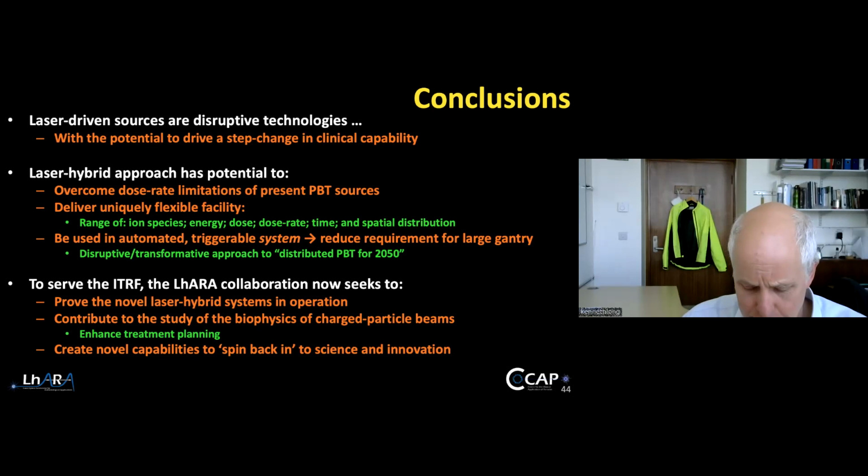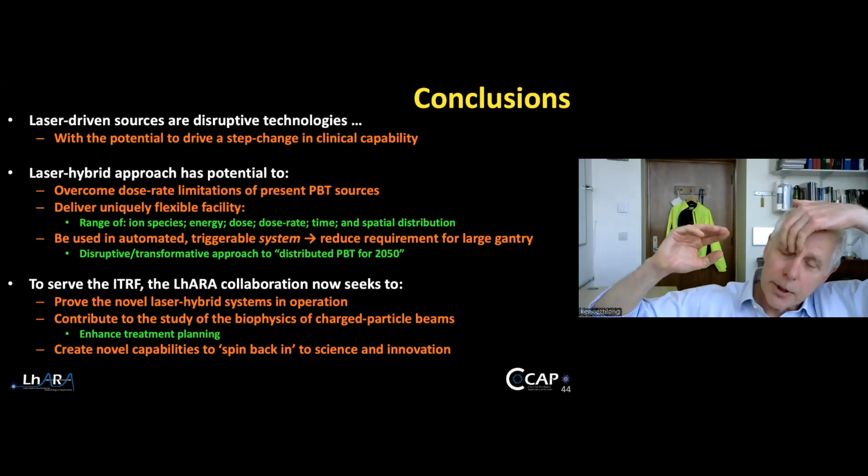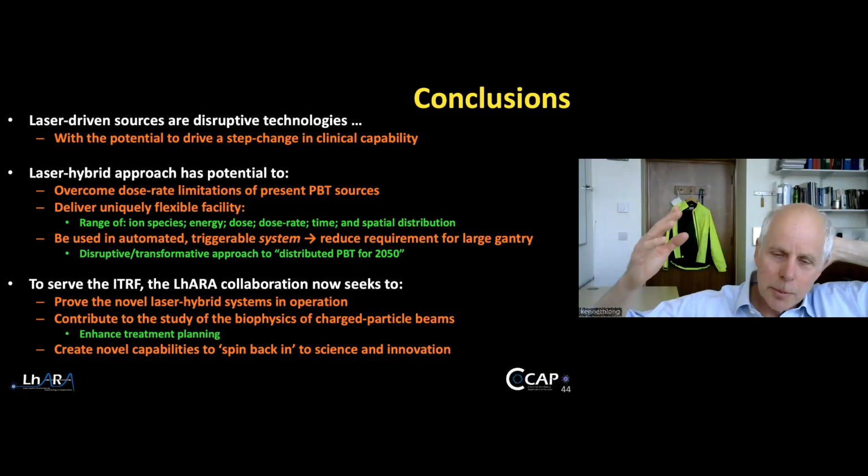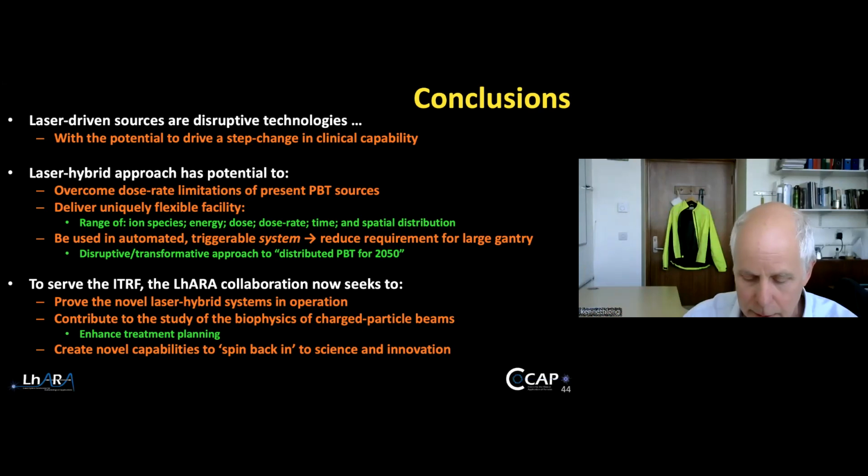Realistically, our estimate of the timeline is that over 7 years, if funded in the way that we wish, we should be able to produce a stage 1 beamline. So 7 years from first money. I think that's probably quite an ambitious timeline, and it depends on how many problems we hit along the way.